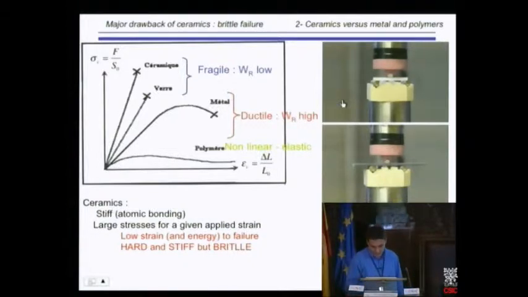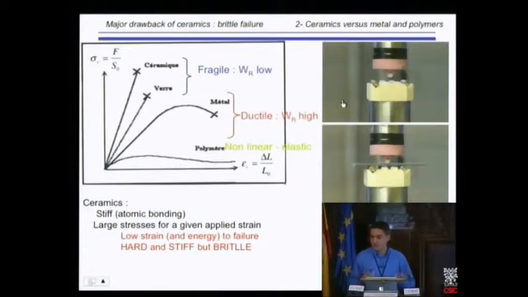Okay, so the movie is going on, and you will see that there is no visible strain before breakage. So I'm loading this ceramic part under a 4-point bending test, and I am increasing the load more and more. So the load is increasing, but you cannot see anything, and then it breaks. So that's the typical behavior of ceramics.